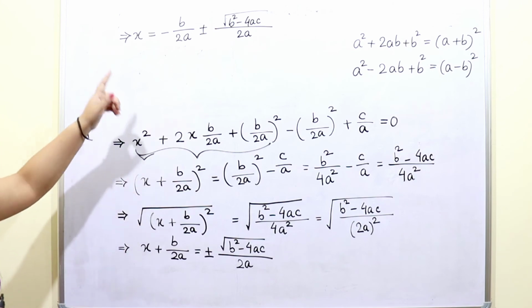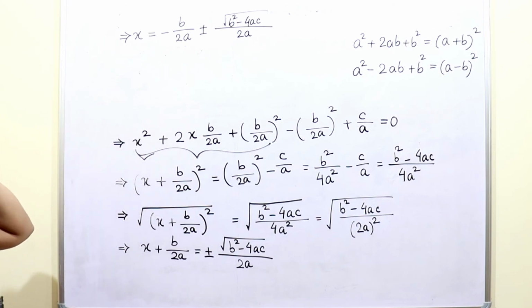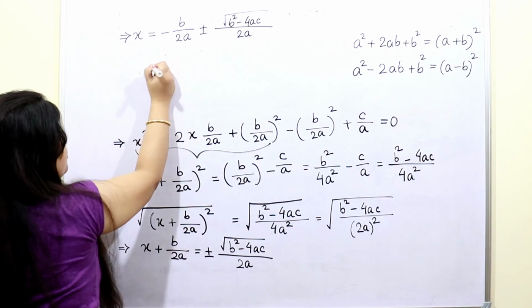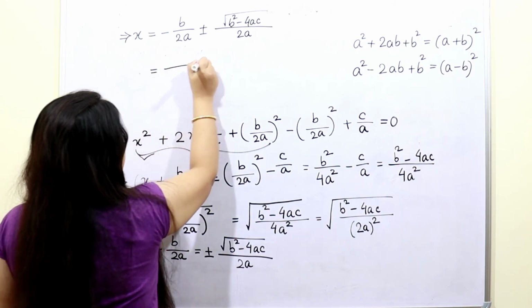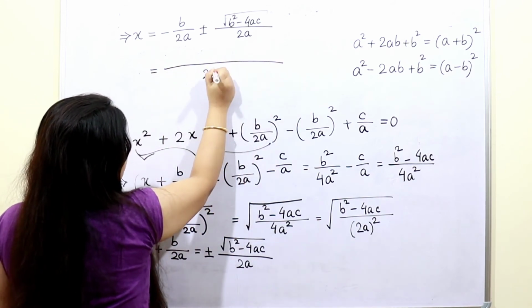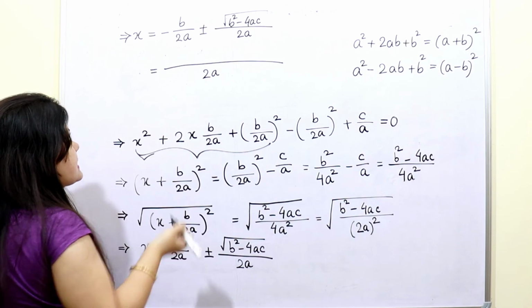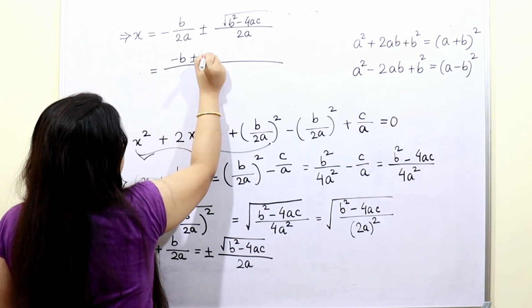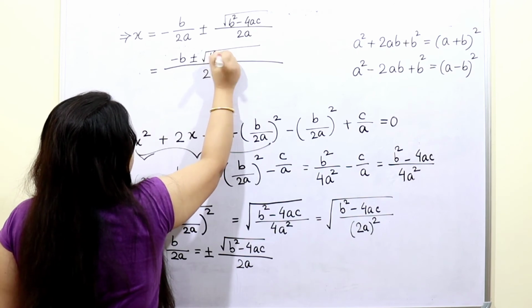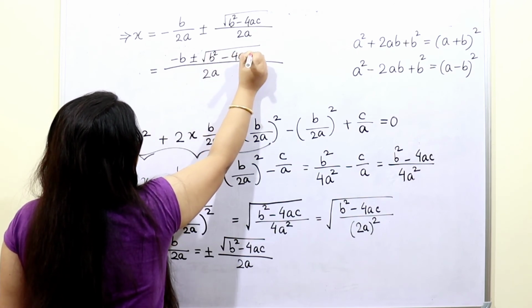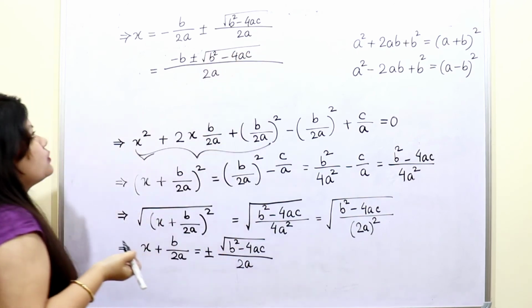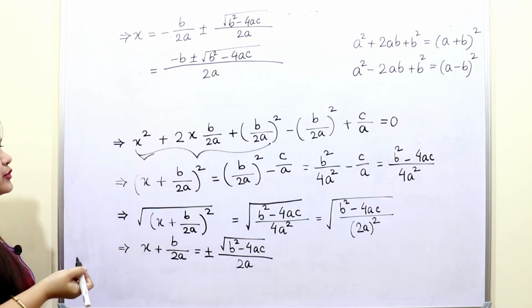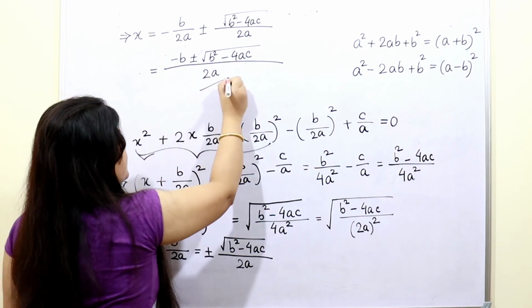Now you can see that in both terms the denominator is 2a. That's why we can take the LCM as 2a, and after taking the LCM 2a, we will get the value minus b plus minus root over b square minus 4ac. So this is the final solution of the equation.